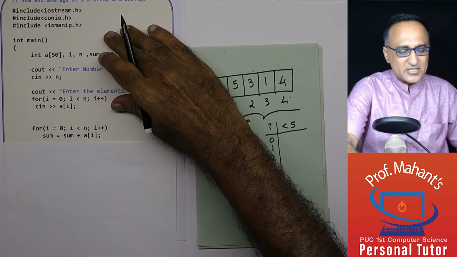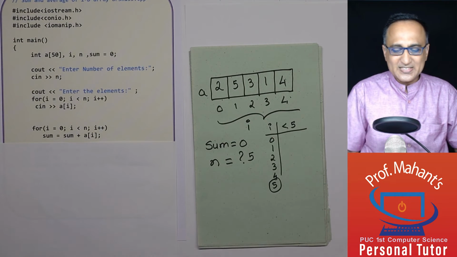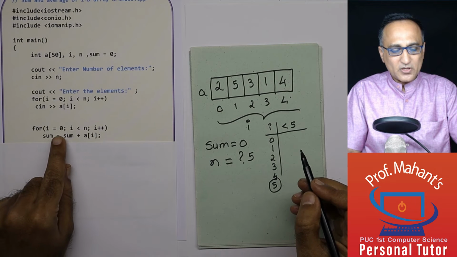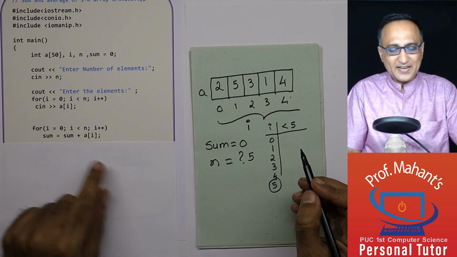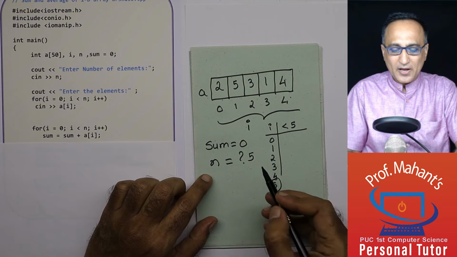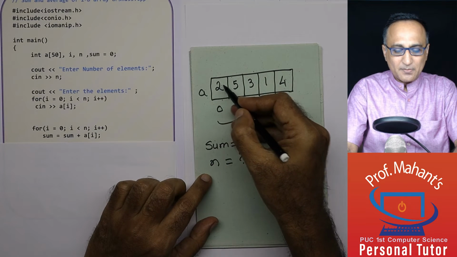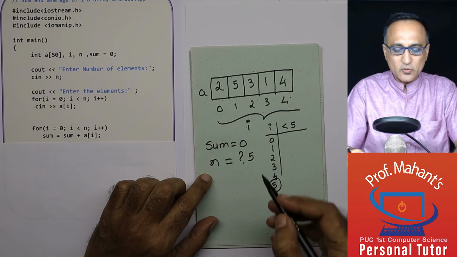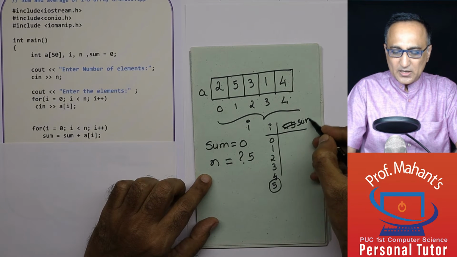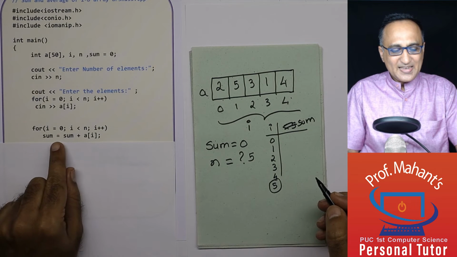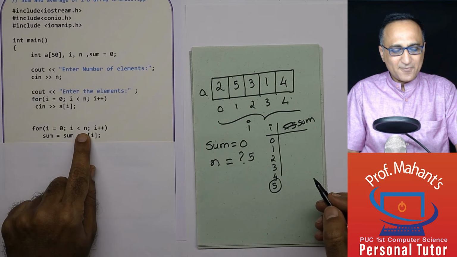Then I can use this for loop to find the sum. Again, I am starting with I equal to 0, 0 less than 5, and at every step I am adding the value of this particular element to sum. So let's take, instead of this 5 here, the variable sum. I is 0, 0 is less than 5.